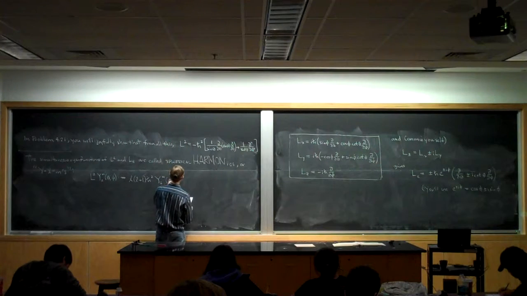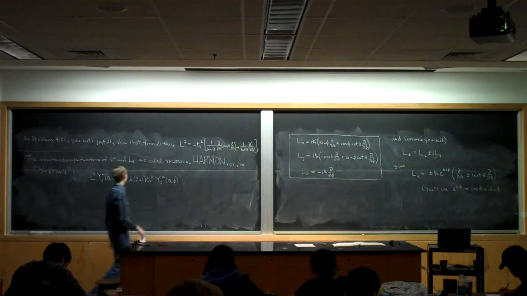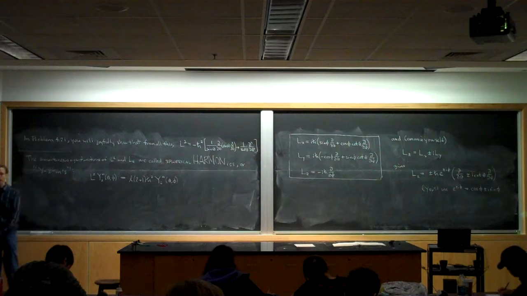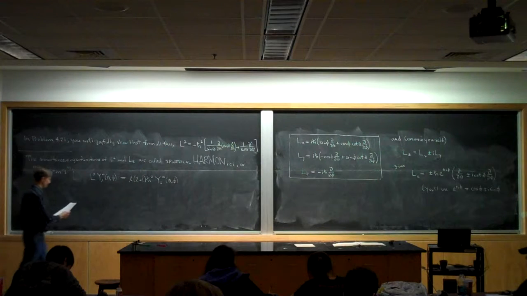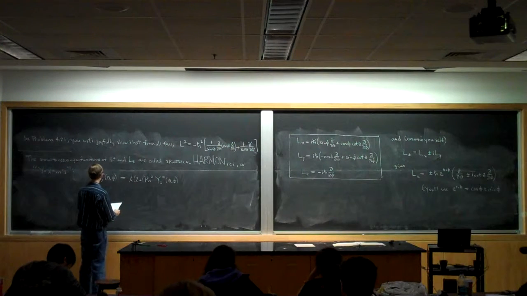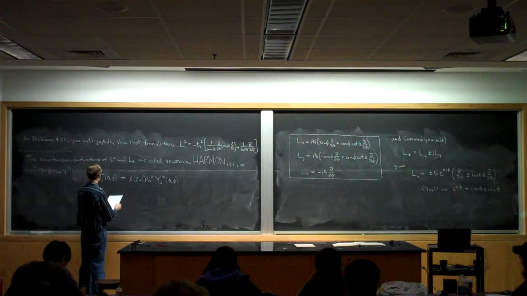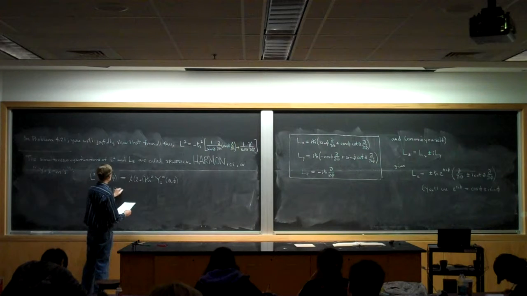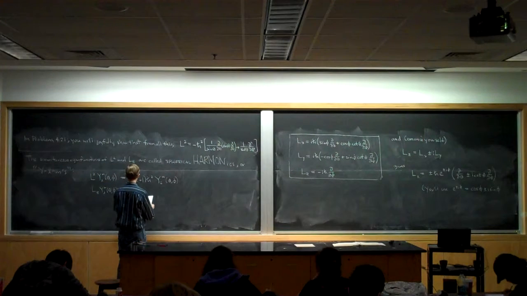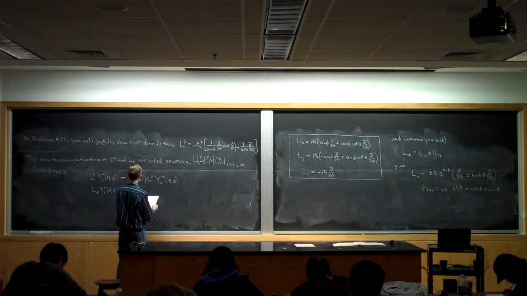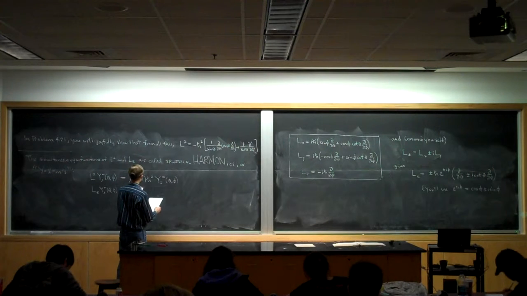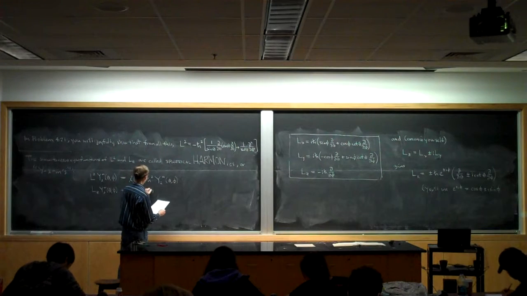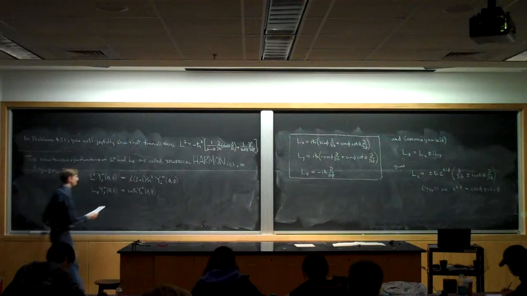So in other words, that L is playing the role that it had before in our algebraic demonstration of the eigenvalues. And L sub z applied to YLM of theta and phi is equal to m h bar YLM of theta and phi.